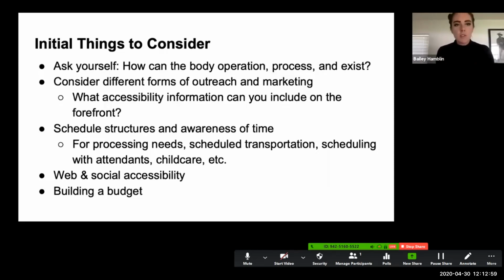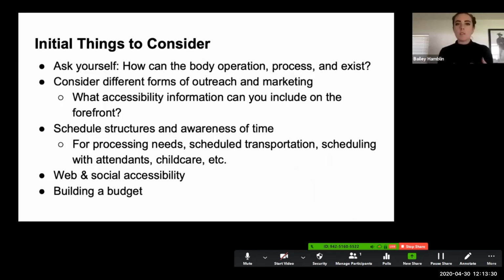Some initial things to consider, getting down to the nitty gritty of actual events and programming, is the outreach and marketing. What accessibility information can you include up front? Folks with disabilities often have to do a lot of advance planning in order to get to and participate in events, especially in-person ones. We have to schedule around care attendance, transportation needs, and other accessibility needs.